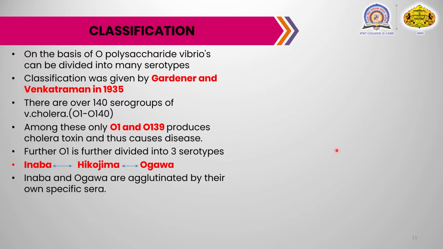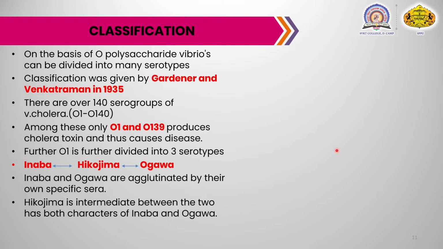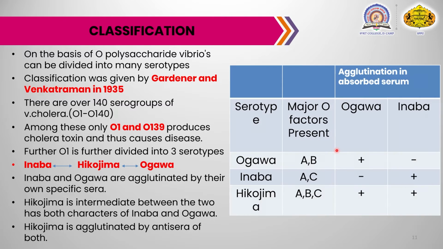So if there is a strain of Inaba and you want to detect it, you will require the same antisera. Similar is the case with Ogawa. But Hikojima is an intermediate between Inaba and Ogawa, and is agglutinated by antisera of both of these organisms. So in this table, you will be able to see the major O factor present in Inaba, Ogawa and Hikojima, and the agglutination.